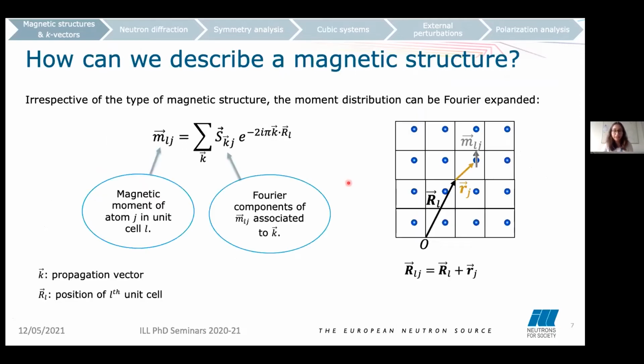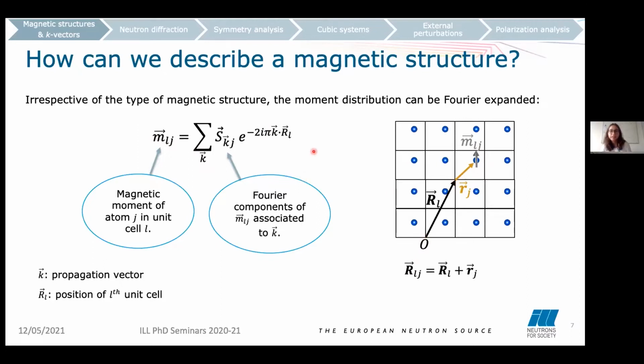And a more mathematical way to describe the magnetic moment is through a Fourier expansion. So the moment distribution is a periodic function in space. And if we place a magnetic moment here on this arbitrary atom, the distance from an arbitrary origin is the distance from the origin to the unit cell.